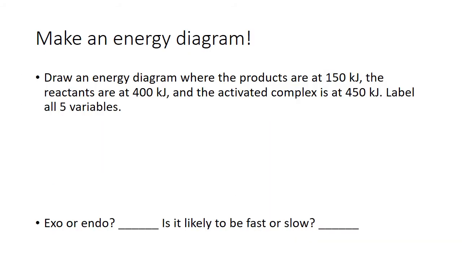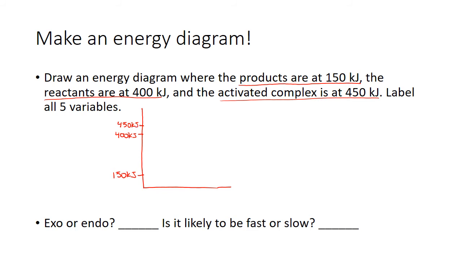In terms of making an energy diagram, you can see that in this problem, we've been given 3 of those 5 variables. We have the products at 150, reactants at 400, activated complex at 450. This one's a really straightforward graph. So if we put products at 150, reactants at 400, put that up here, activated complex at 450.